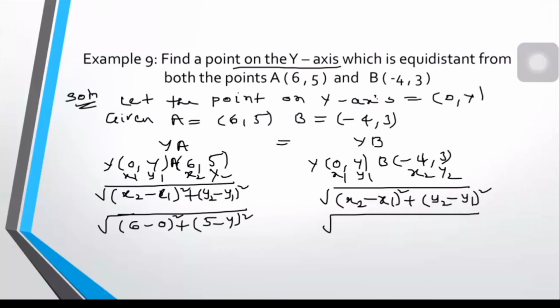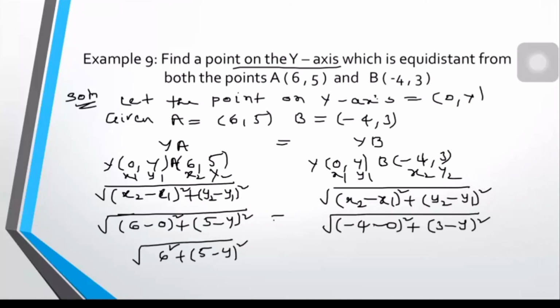Root of (x2 minus x1) is (-4 minus 0) whole square plus (3 minus y) whole square is equal to (6 minus 0), 6 square, plus (5 minus y) whole square is equal to (-4 minus 0) is (-4) whole square plus (3 minus y) whole square. So squaring on both sides.